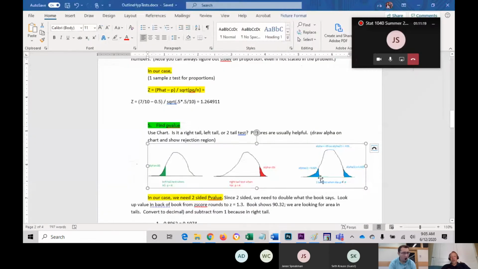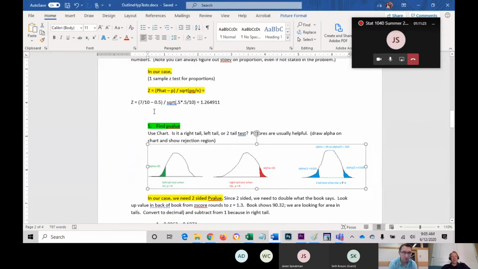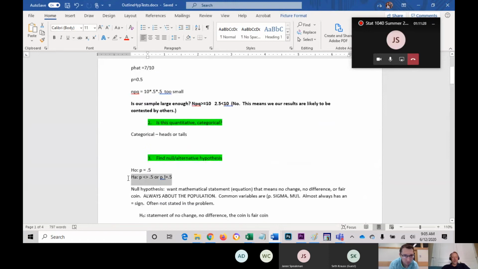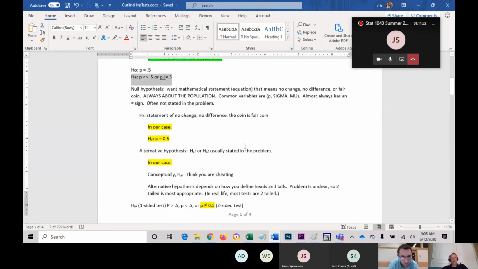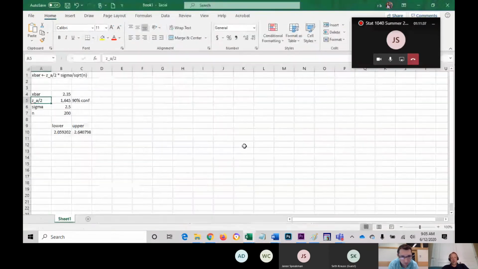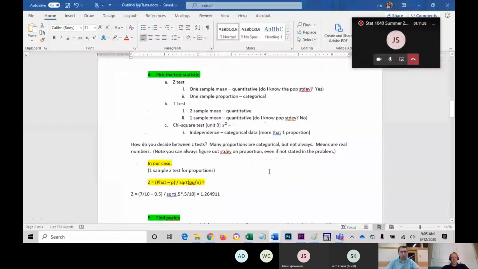So anyway, if it's two-tailed, you're going to double your p-value. Now, as we go back here, we said that p does not equal 0.5, so it's a two-tailed test, okay? So what we're going to do is draw our picture here.